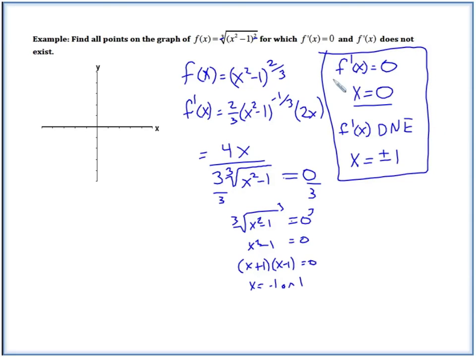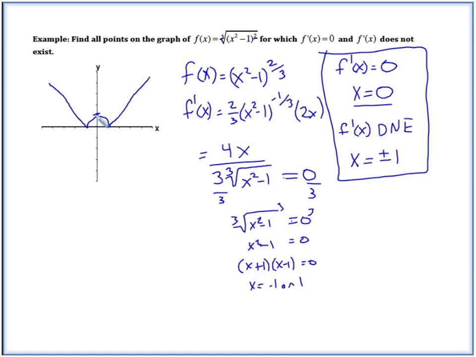Okay, so that's just a little extension of how we can use the derivative. So in our graph, if you were to graph this on your graphing calculator, it would look something like this. Okay, so here we can see our derivative equals 0 when x equals 0.